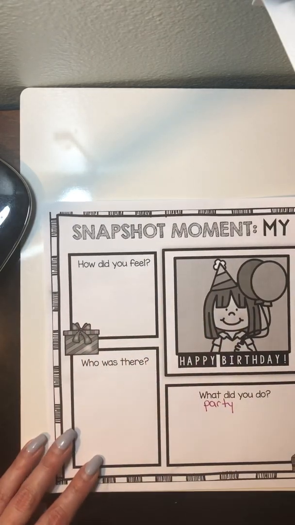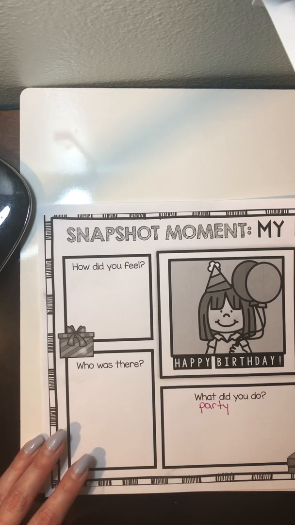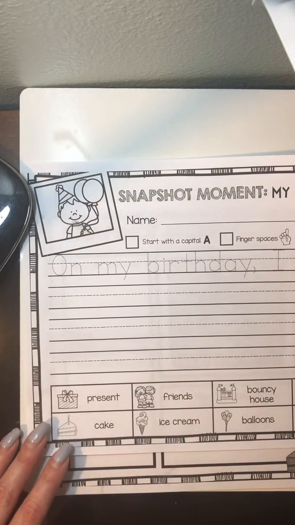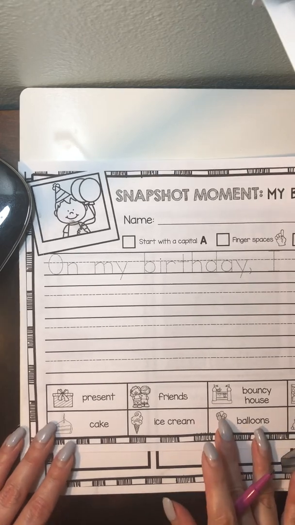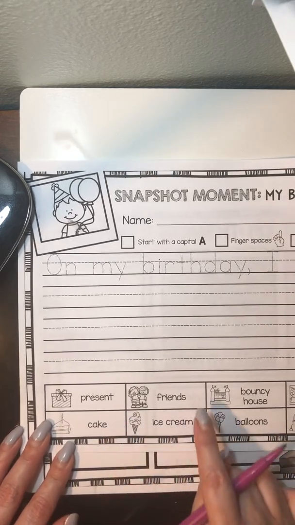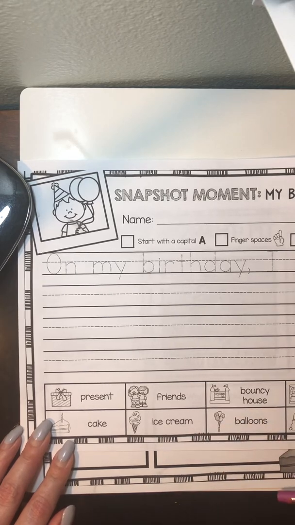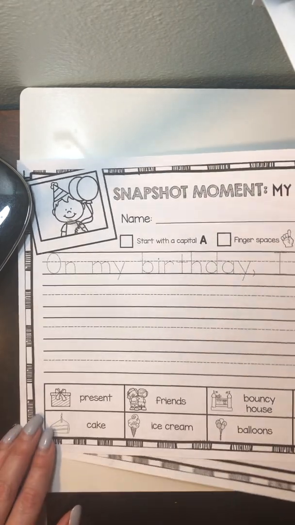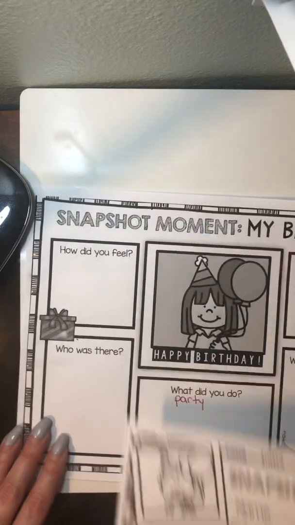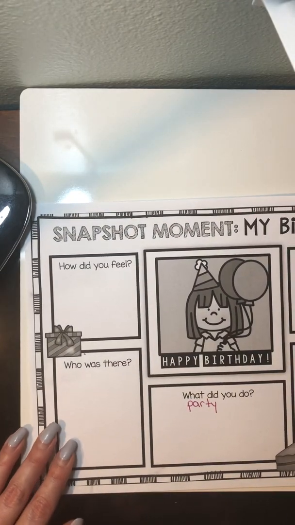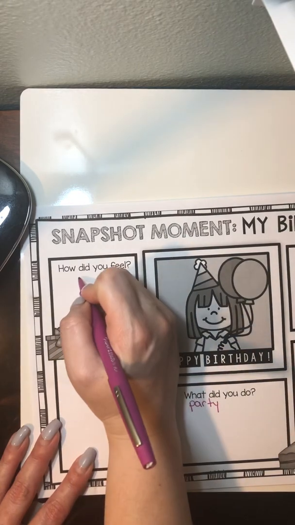How did you feel? At my birthday party, I felt, and so I'm gonna look at my list, and there aren't any words on my list to help me. Presents, cake, friends, ice cream, bouncy house, balloons, party games. None of those words describe how I would feel, so I'm gonna write that myself. How did I feel at my birthday party? I felt happy.